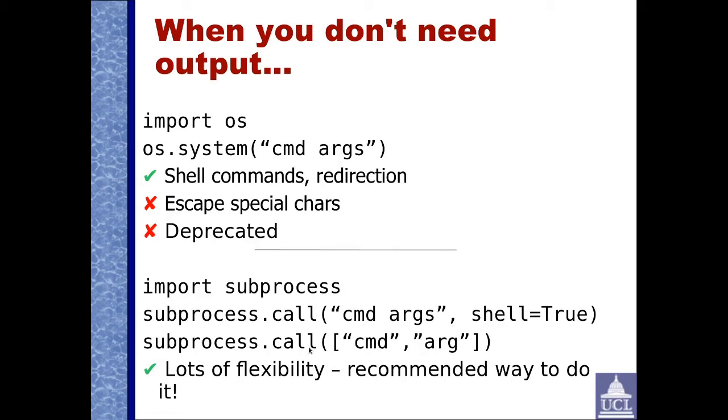Alternatively, we can do subprocess.call and then we give it a list which starts with the name of the command that we wish to run, and then we give it an argument, and we carry on that list with any other arguments that need to be passed. This provides lots of flexibility and is now the recommended way to do it.